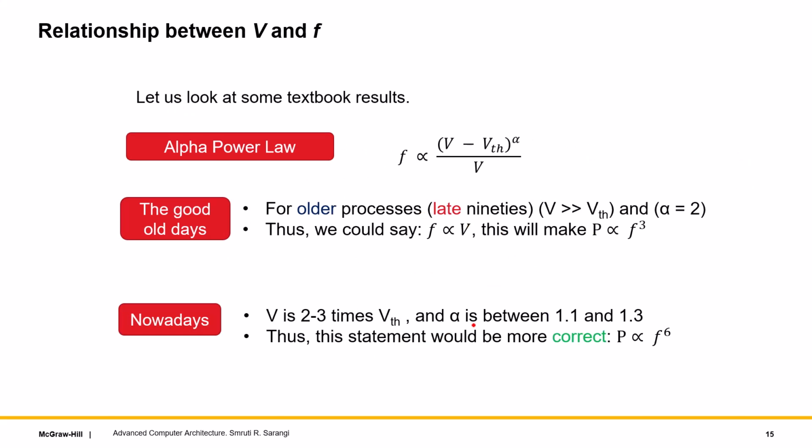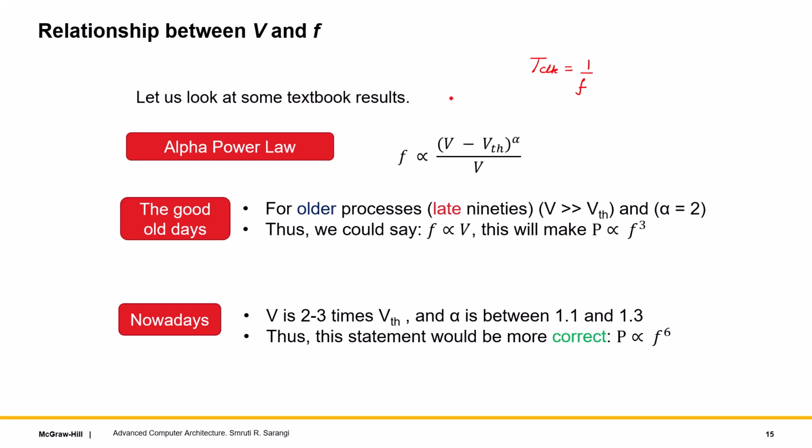So what's the relationship between the voltage and the frequency? It is clear that as the frequency increases, the cycle time, let's say t, the clock period, is 1 by frequency. So if the frequency gets doubled, this gets halved, which means that transistors have to charge and discharge sooner.